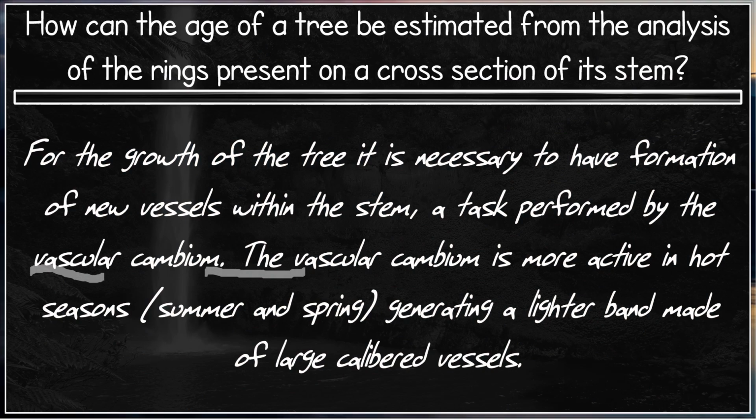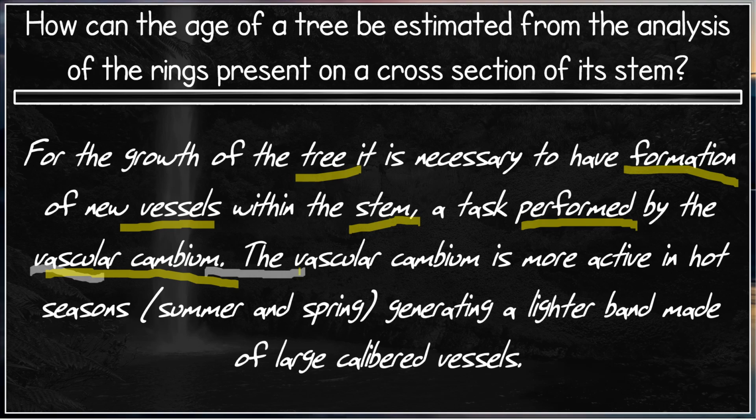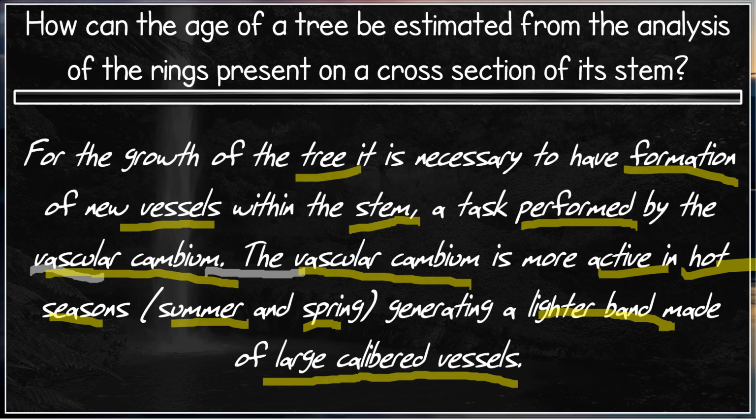For the growth of the tree, it is necessary to have formation of new vessels within the stem, a task performed by the vascular cambium. Vascular cambium is more active in hot season, that is summer and spring, generating lighter bands made of larger calibrated vessels.